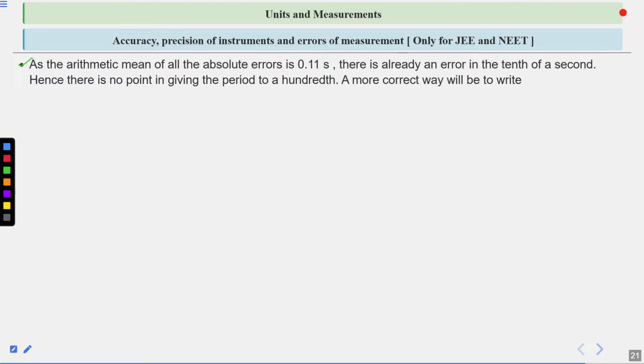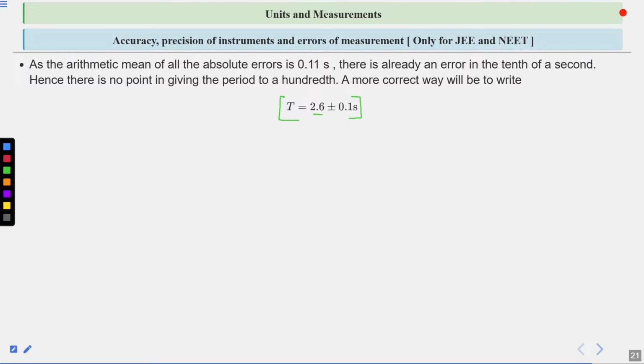As the arithmetic mean of all the absolute errors is 0.11 seconds, there is already an error in the tenth of a second. Hence, there is no point in giving the period to a hundredth. A more correct way is to write t is equal to 2.6 plus minus 0.1 second.